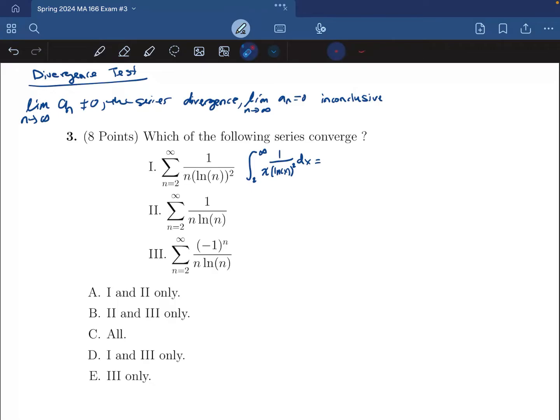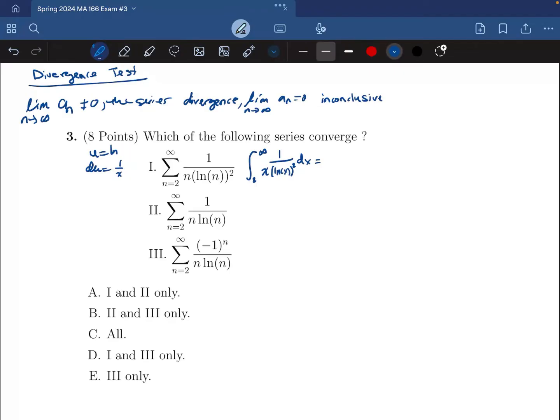The way I'm going to do this is by using u-sub. You'll notice that we have natural log of n here, and we also have 1 over n. And 1 over n is the derivative of natural log of n, which is why u-sub is a great choice. We can set u equal to natural log of n, and du equal to 1 over x. Okay, I misspoke.